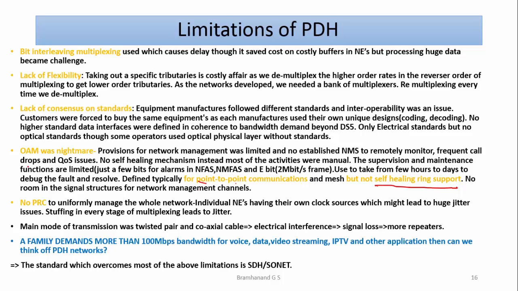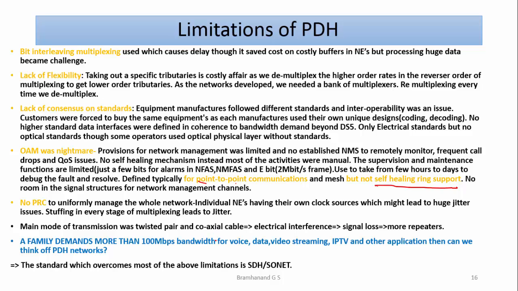And no PRC, no primary reference clocks for all the network elements, because there was a drift in the clocking sources. There were huge jitter issues, which lead to data corruption as well. So no PRC was a big challenge for PDH.